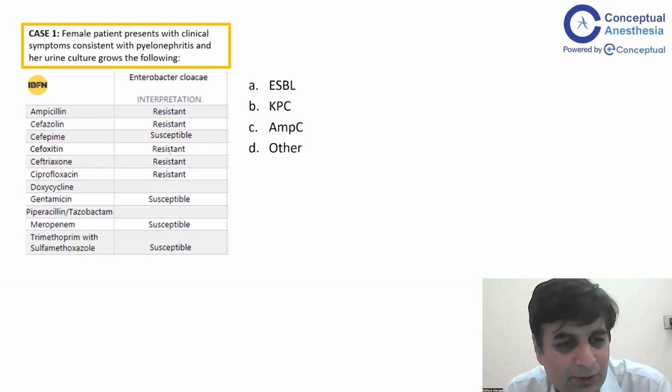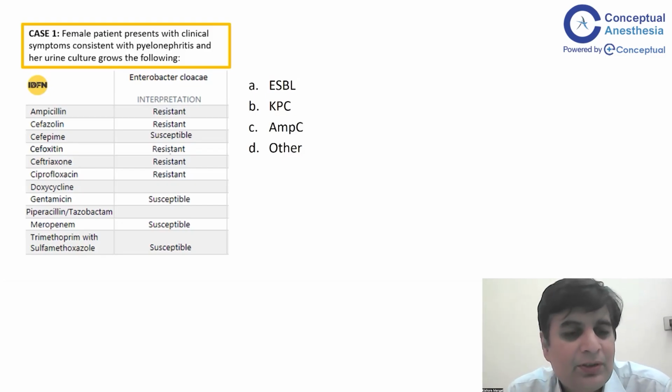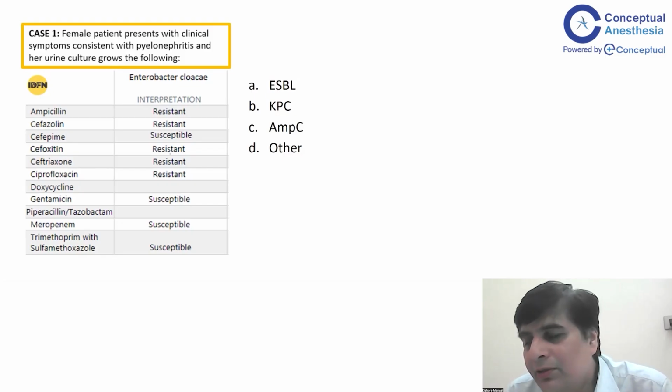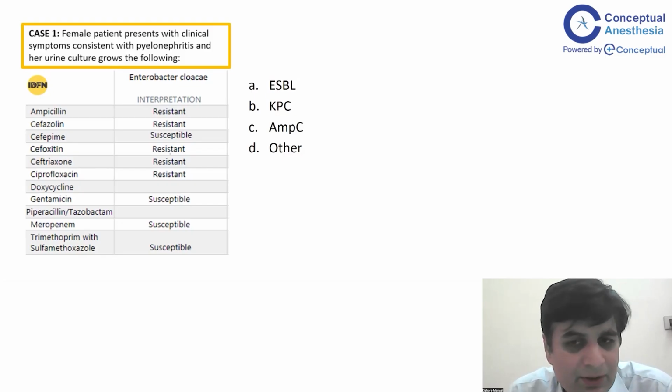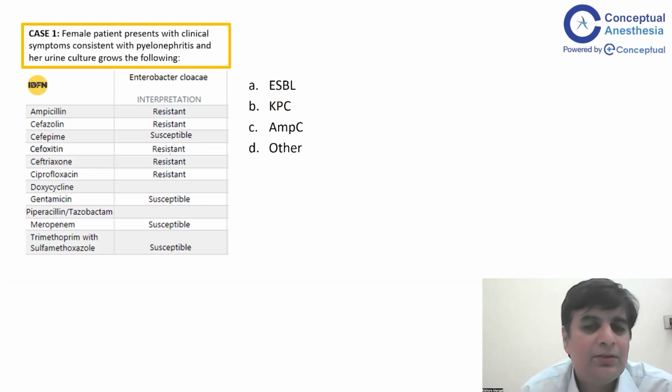This is a very important clue. Another important clue is sensitivity to meropenem. If it is sensitive to meropenem, that means we are not talking about carbapenemase here. So amongst the three options, KPC is a carbapenemase, so that is ruled out. Now we have one option ESBL and second is AmpC.